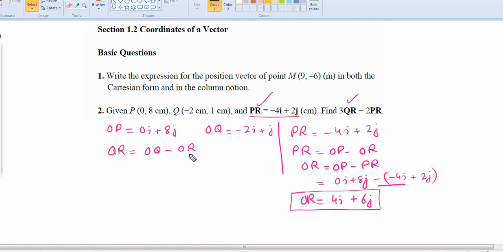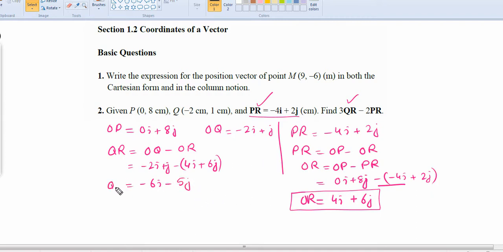I'll insert this OR over here. OQ is already given, that is negative 2i plus j, minus OR, which is 4i plus 6j. When I solve it, minus 2i minus 4i will be minus 6i, and j minus 6j will be equal to minus 5j.